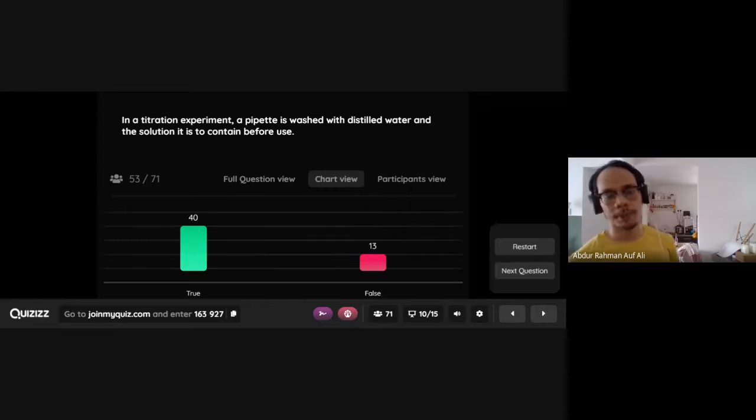We want to make sure our pipette is clean from other impurities, because kalau kita kerja dalam lab, we are not the only one who are using the glassware, the instruments. Orang lain pernah guna dah sebelum ni. So this pipette could have some residue of some other chemical solutions. We want to make sure it is betul-betul bersih. The best practice is kita rinse 2 kali, with H2O and with the solution that we want to measure. So the answer for that question just now is true.